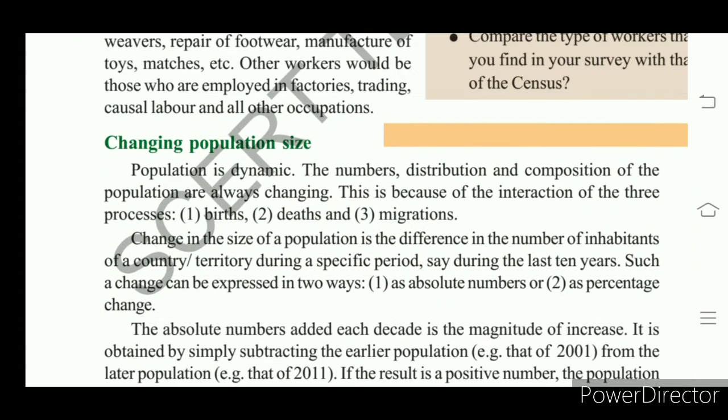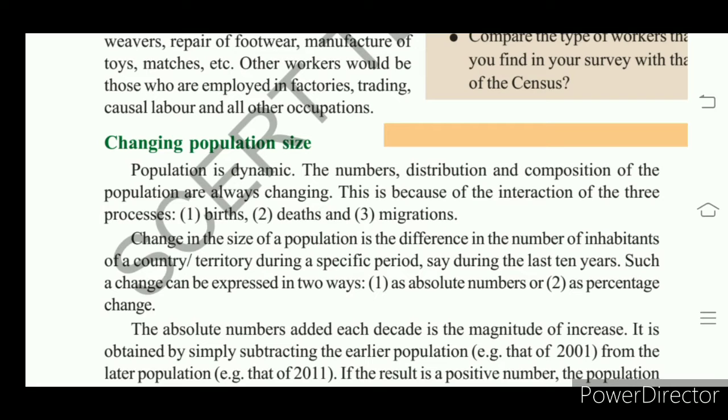So here, change in the size of a population is the difference in the number of people in the country. Just now I stated that by the 2001 census, the total population of India was 102.7 crores. By the 2011 census, it turned to 121.01. So what happened here?